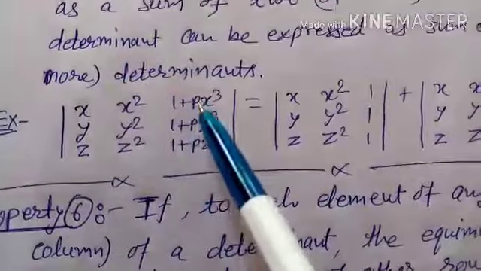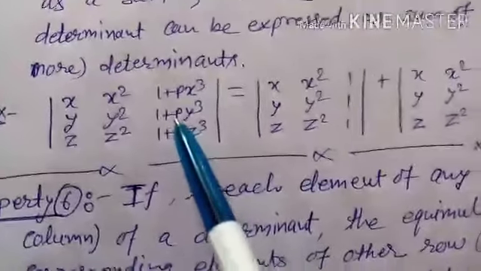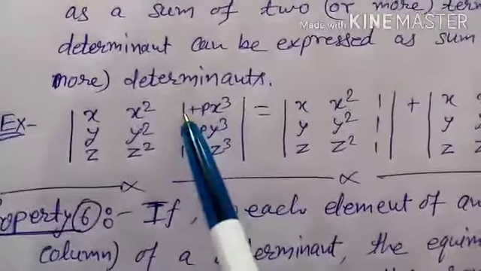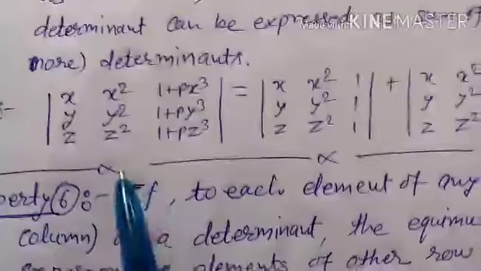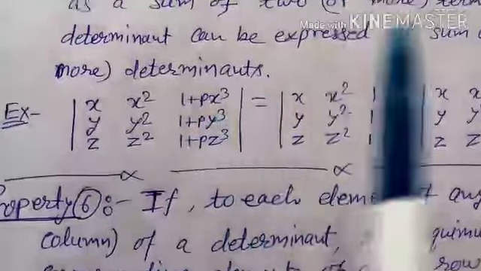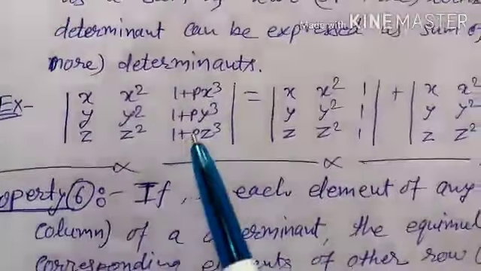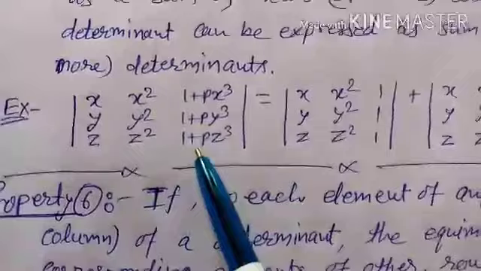Here all the elements of the third column we can express as a sum of two terms, first term and this is second term. Then this determinant we can express as a sum of two determinants, in which the first two columns are as they are.